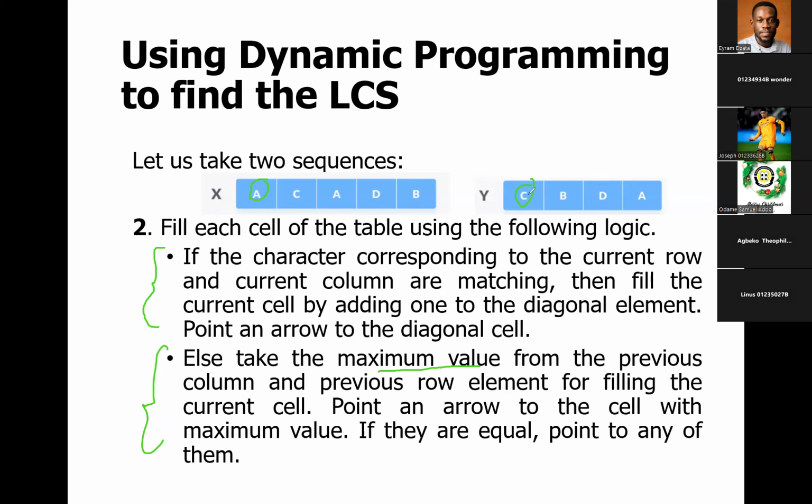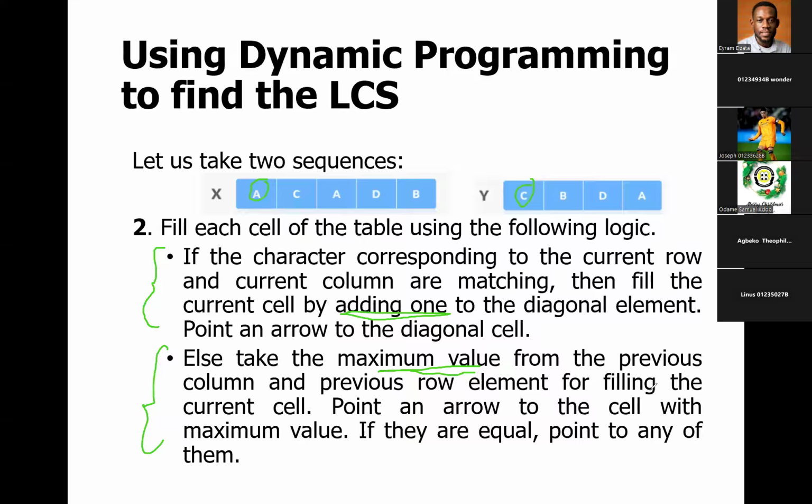So initially, we are starting from 0 throughout. However, the values may increase as and when we keep adding 1. Okay, like he's saying here. There are points where we will add 1. In this context, the other alternative, when the corresponding values are not matching, then we find the maximum among the two corresponding values, the maximum from the previous column and the previous row element.